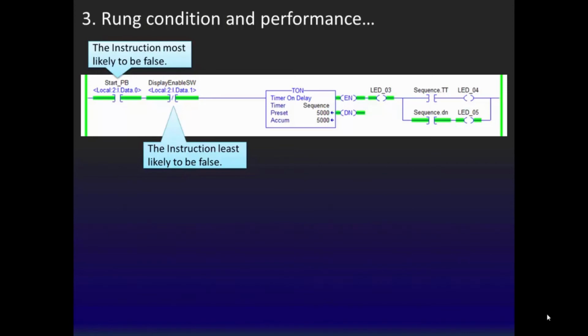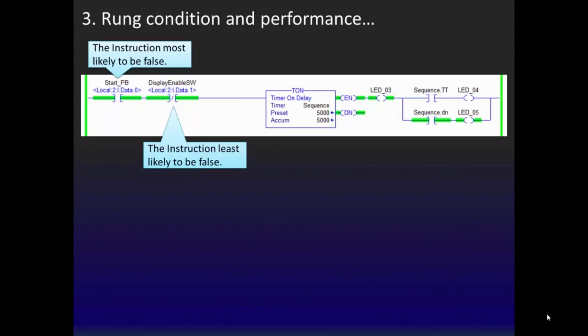And of course, the timer timing bit and done bit are most likely going to be false if the timer is not enabled. If the timer is not enabled, then the timer timing bit is not going to be on, either is the done bit. Now, a caveat here is the order of the logic: in this case, we don't want the timer enabled unless both of those conditions are true, the true if on and the true if off instruction.